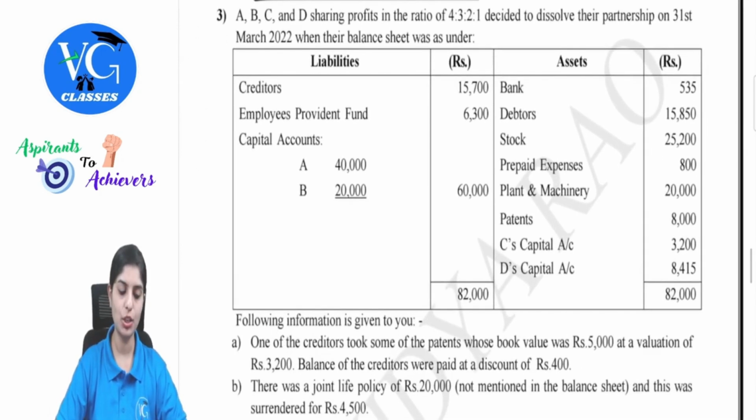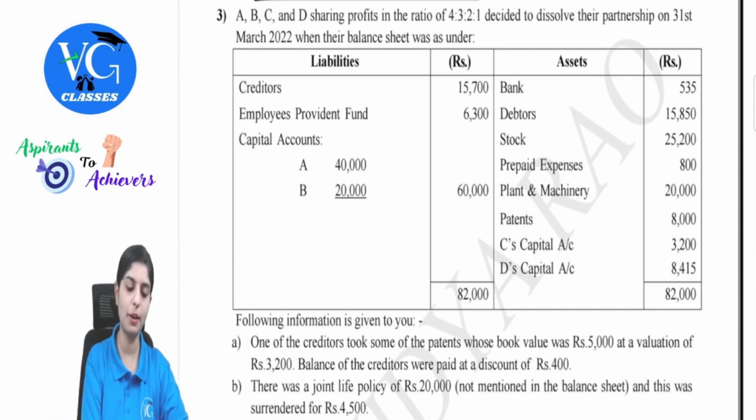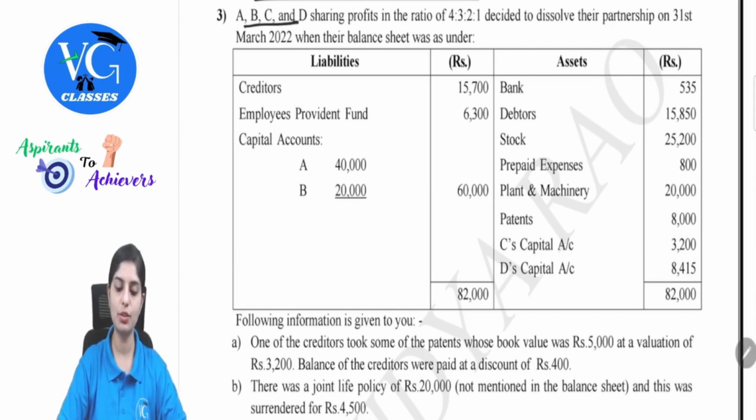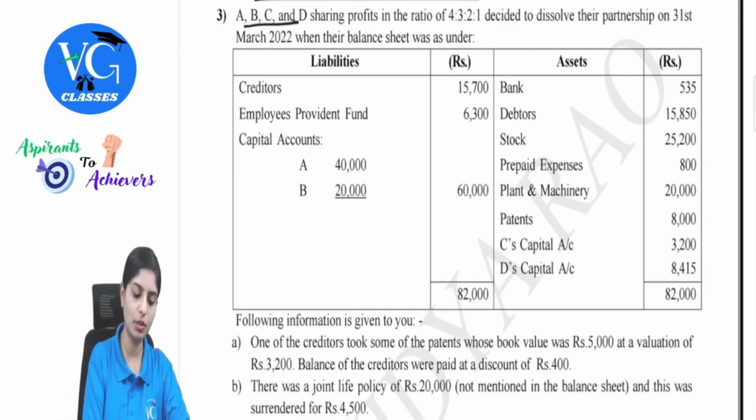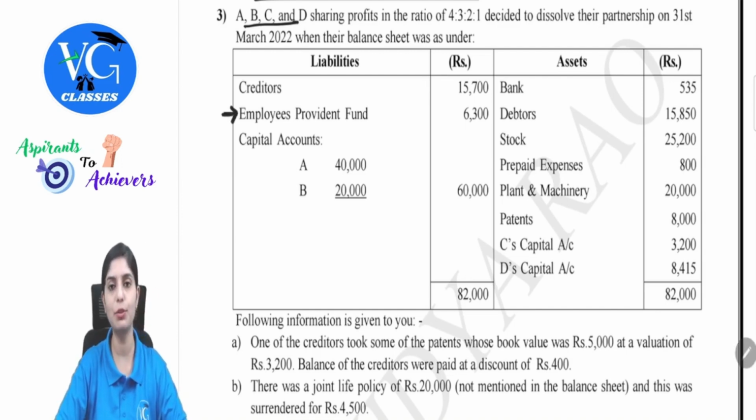A, B, C, and D are sharing profits in the ratio of 4:3:2:1. Observe there are 4 partners. They decided to dissolve on 31st March when their balance sheet was as under. Creditors, employees' provident fund. Many students get confused here. This is nothing but equivalent to outside liabilities, because it is a fund maintained on behalf of the partnership firm's employees.